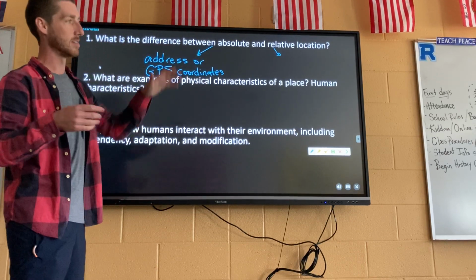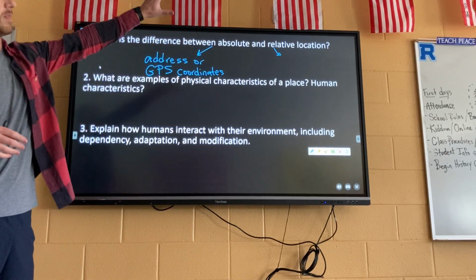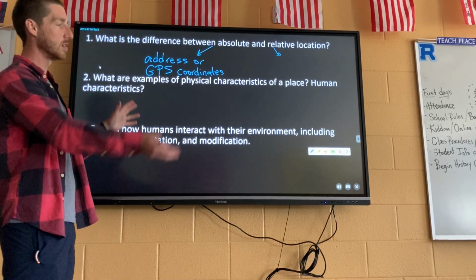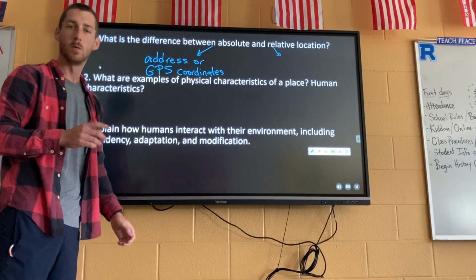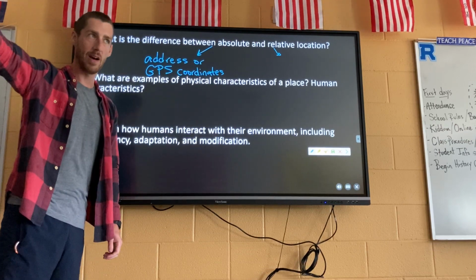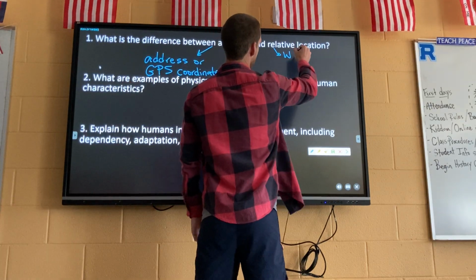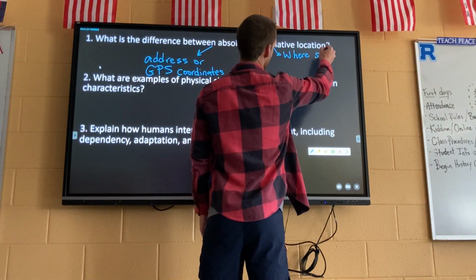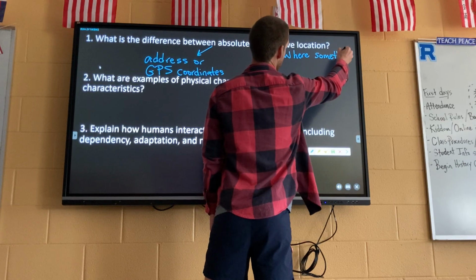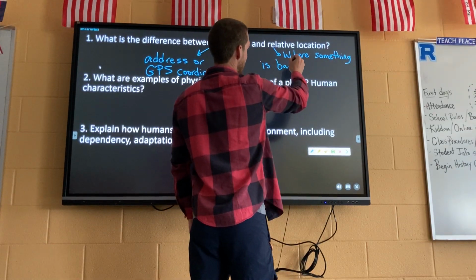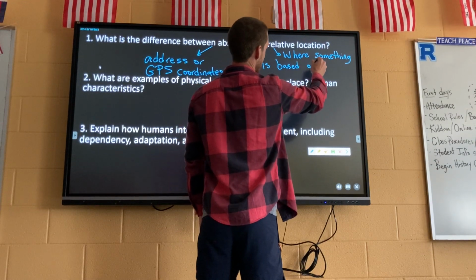Rockville High School is probably a mile from Rockville Elementary. Rockville High School is 8 miles from Eagleville High School. Rockville High School is 5 miles from Riverdale. That makes sense? So, where something is based on another place.